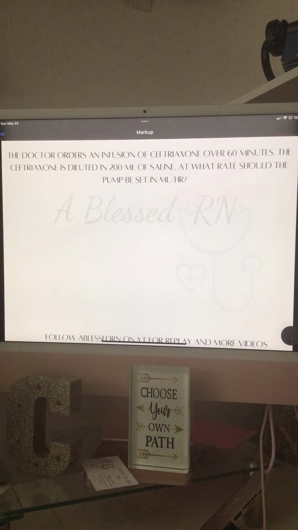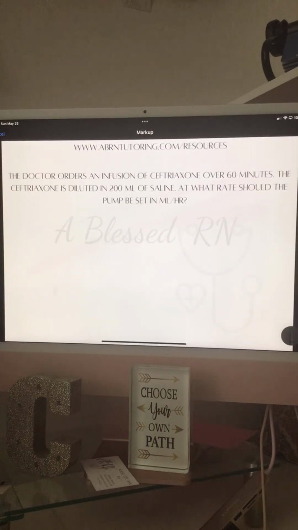Just put the puzzle pieces together. So here I have, what's this? Looks like milliliter per hour. So when you give an IV infusion, there are two ways that you can do it. You can do it via pump or via gravity. When it's on a pump, you are going to be looking for milliliters per hour.